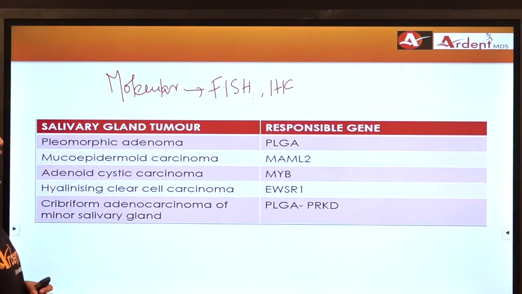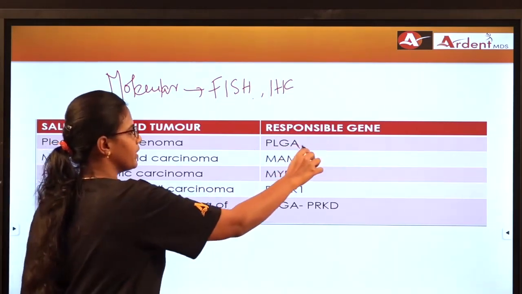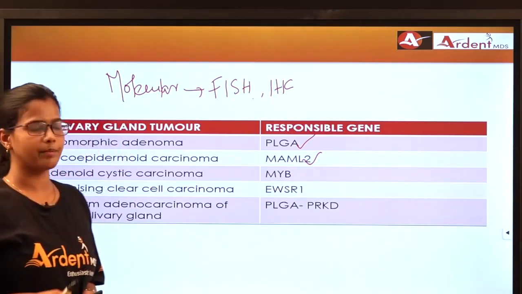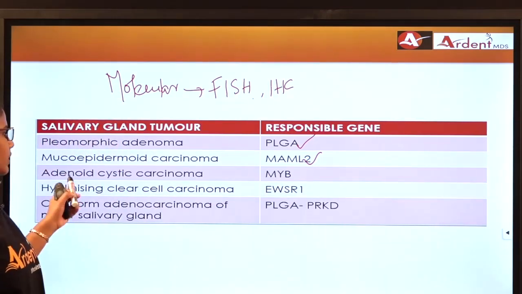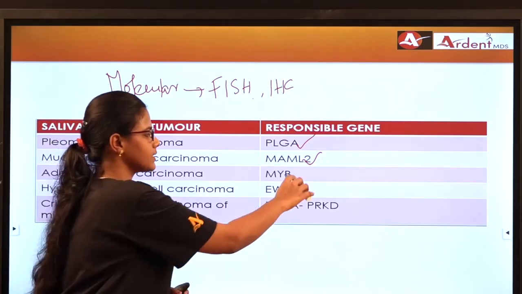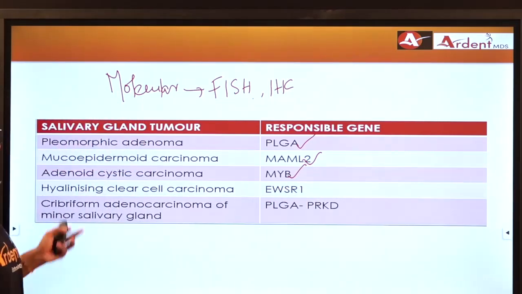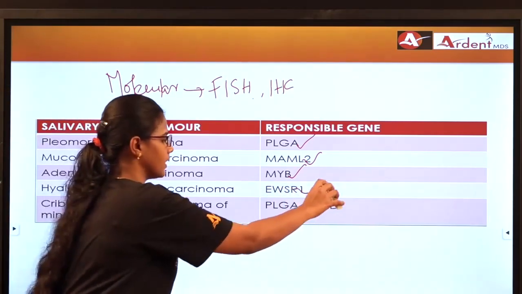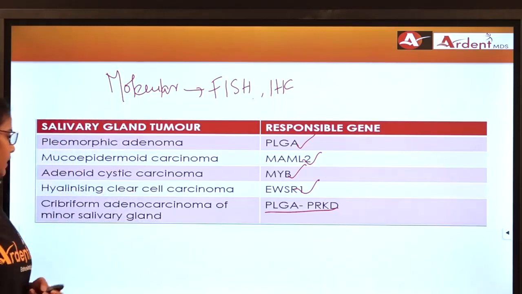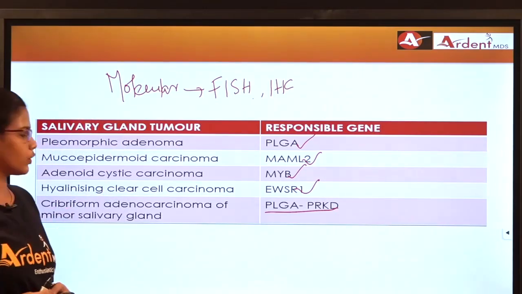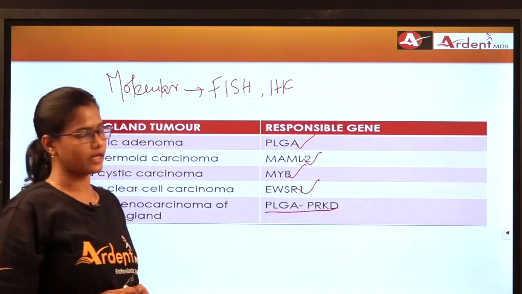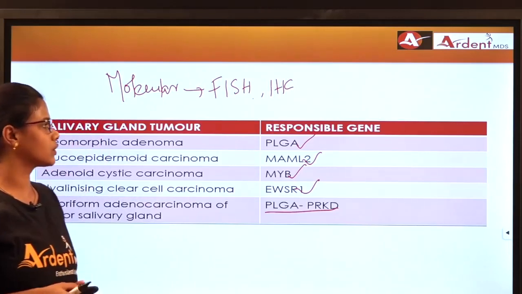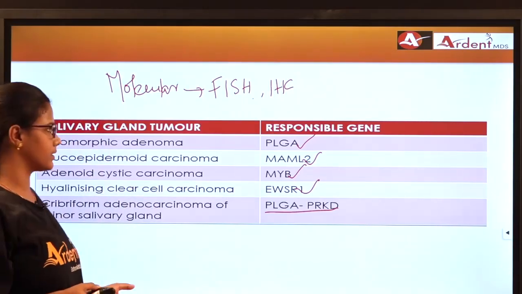For pleomorphic adenoma, the responsible gene is PLAG1, and MAML2 is associated with mucoepidermoid carcinoma. For adenoid cystic carcinoma, the gene responsible is MYB, and for hyalinizing clear cell carcinoma, it is EWSR1, and PRKD is associated with cribriform adenocarcinoma of the minor salivary gland. So just memorize this table to score your questions regarding molecular studies.